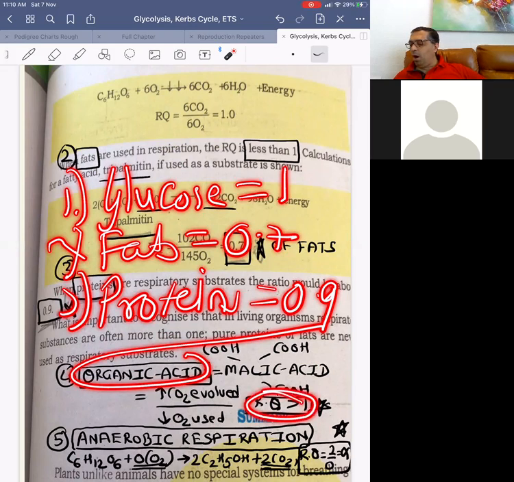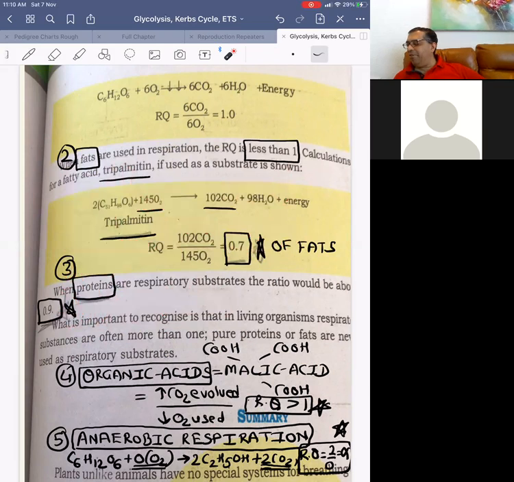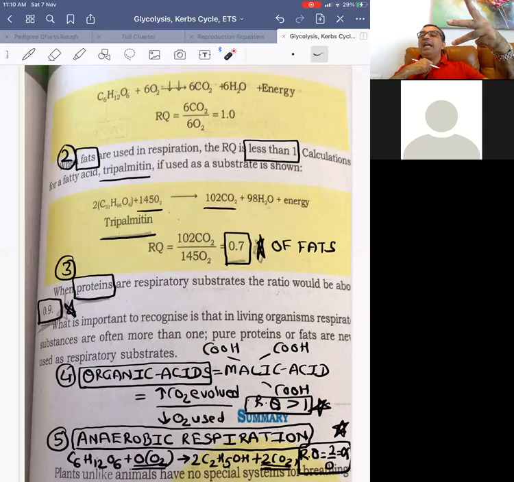And RQ of anaerobic respiration is infinity. So RQ of glucose 1, RQ of fats 0.7, RQ of proteins 0.9, RQ of organic acids greater than 1, RQ of the anaerobic respiration infinity.